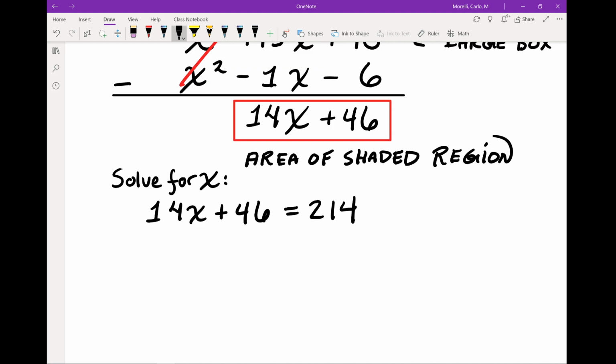So first we have to get it in standard form. We'll subtract 214 from both sides, and we have 14x plus 46 minus 214.